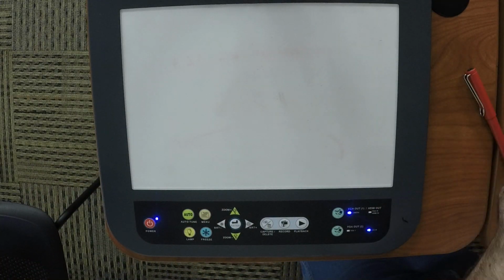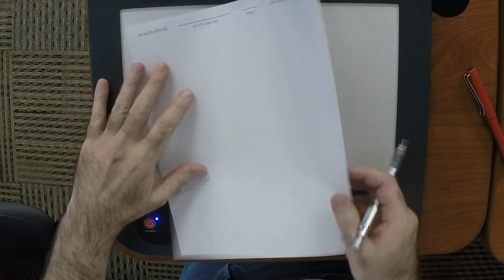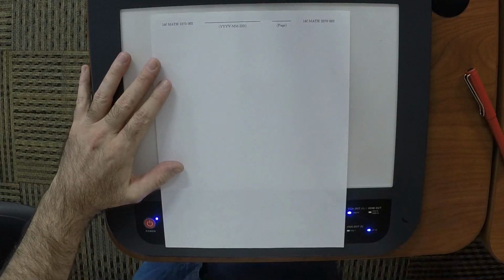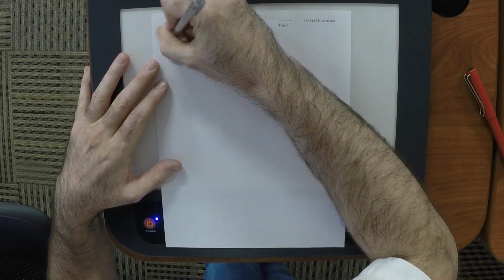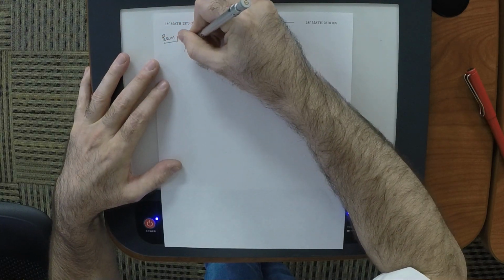Okay, so to define the multiplication function to where it has a place to remember the running total is like this. So I'll just write M for multiply.